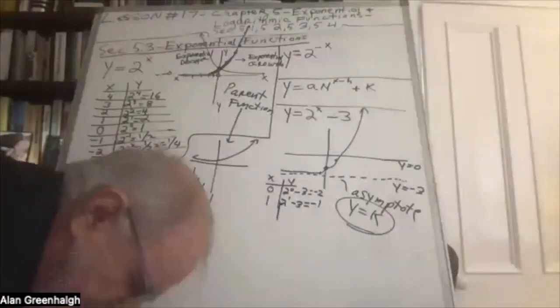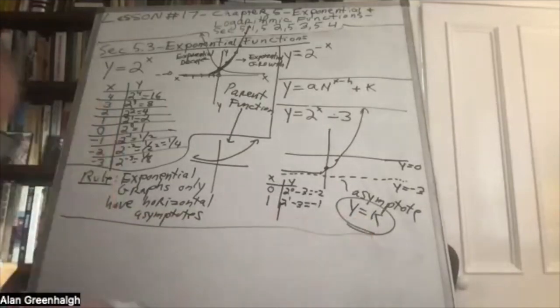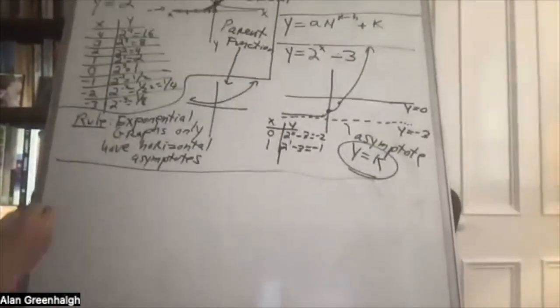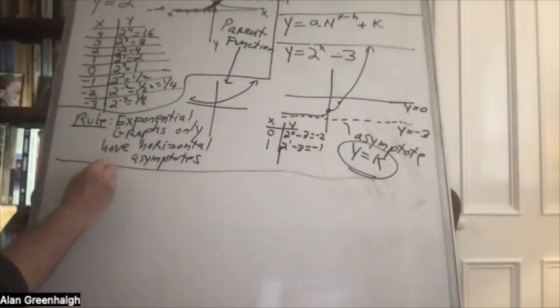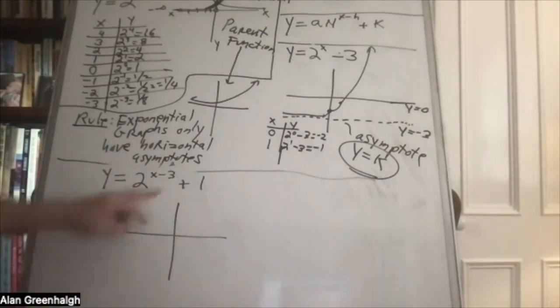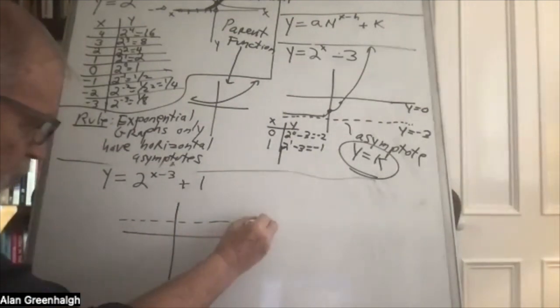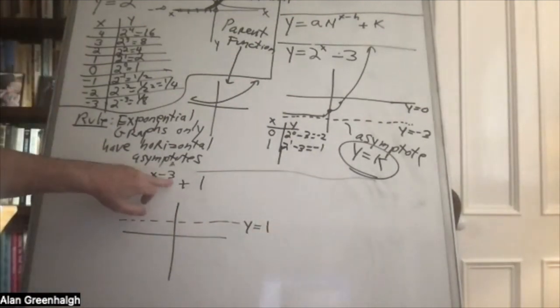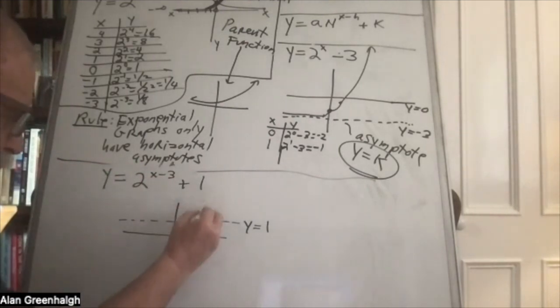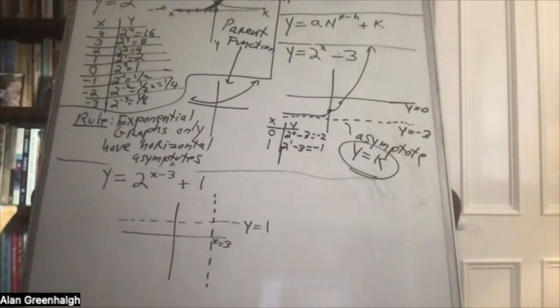For example, again, let's take a graph that looks like this. Let's take y equals 2 to the x minus 3 plus 1. Okay, so the plus 1 would make sure that the new horizontal asymptote is 1, but x equals 3 is going to be the new y-axis.